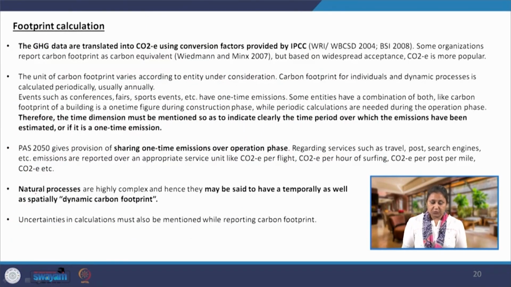When we are doing the footprint calculation, the GHG data, as I said, are translated into carbon dioxide equivalent, but not always. Sometimes it would just be taken as the carbon dioxide that is directly released, or the carbon that has been released, or the equivalent of that. And then here we are talking about the boundary plus a timeline.